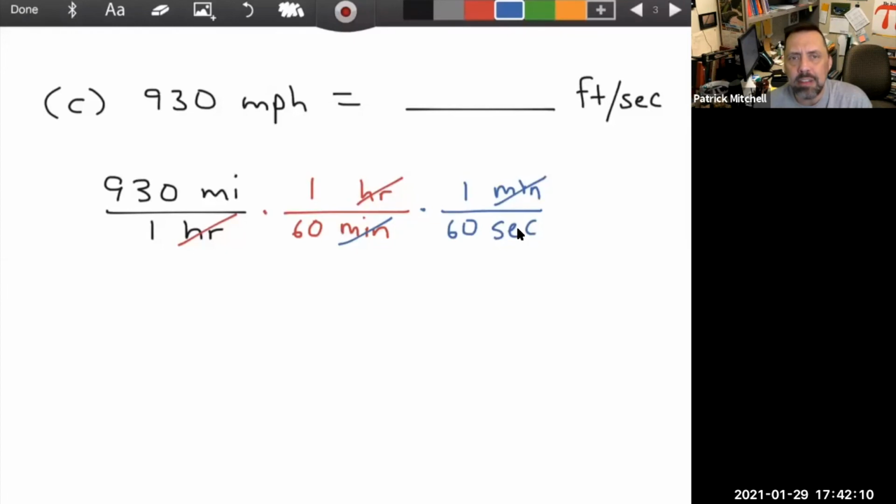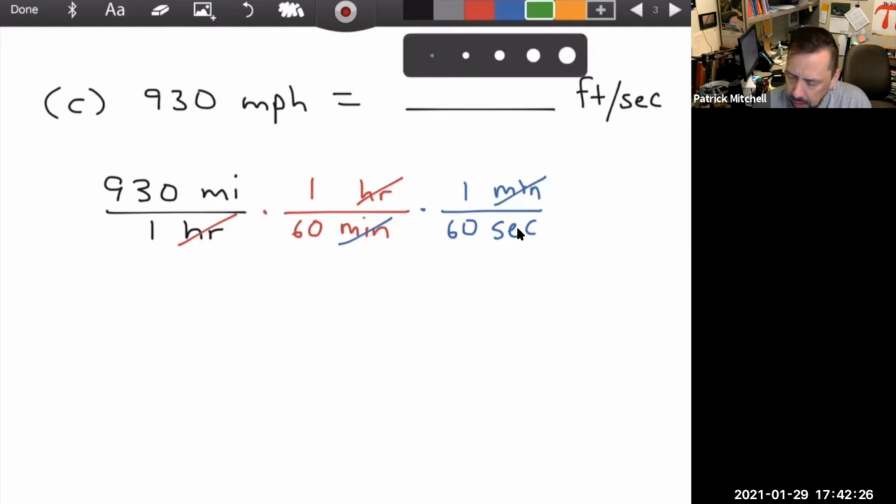Now we just have to convert those miles into feet. Do you know how many feet there are in a mile? Most of the face-to-face classes that I talk to, most people don't seem to know that, and that's fine. It might be something to write down on the cheat sheet.